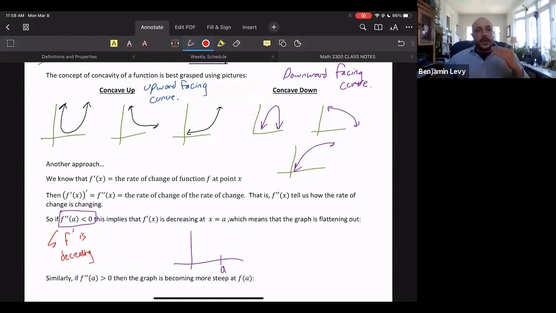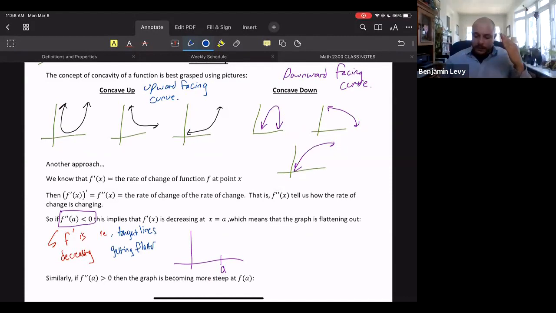In other words, the tangent lines are getting flatter. Maybe that's a better way to say it. Tangent lines are getting flatter. If we have a graph where the tangent lines are getting flatter over a certain interval, that means they used to be a certain steepness, and then they're less steep.